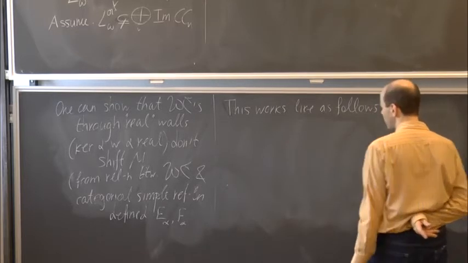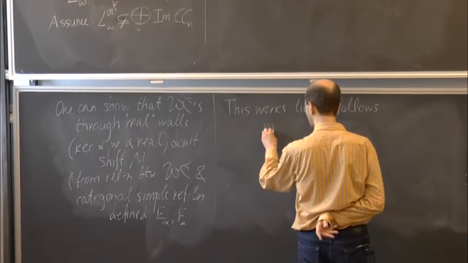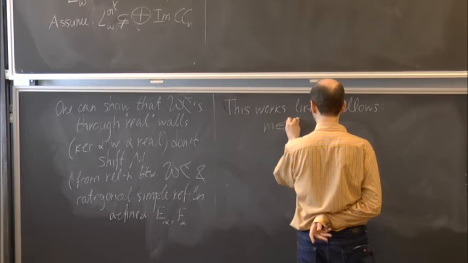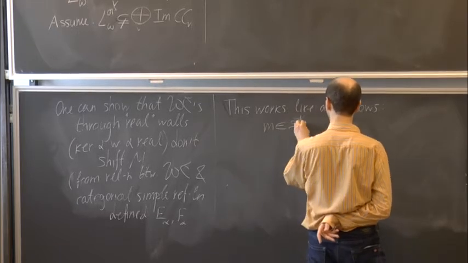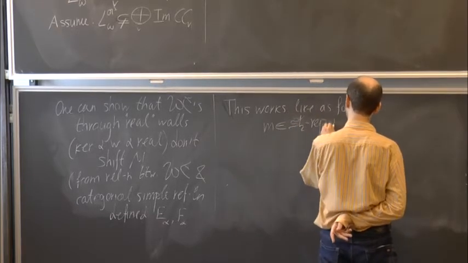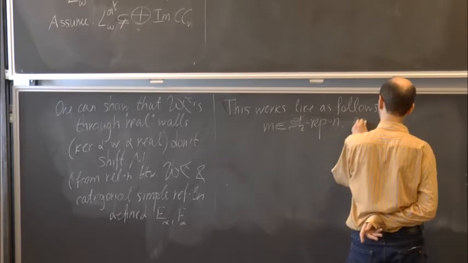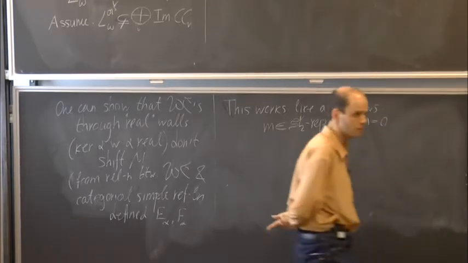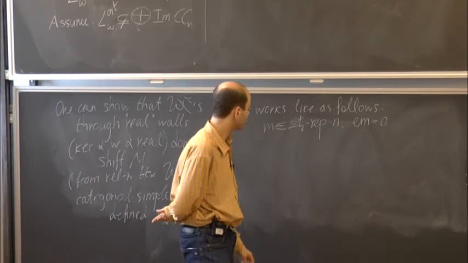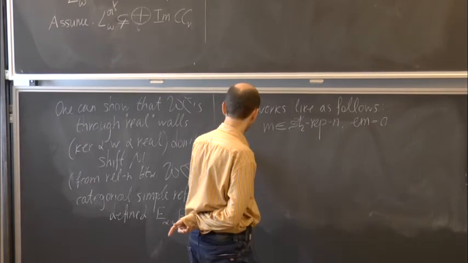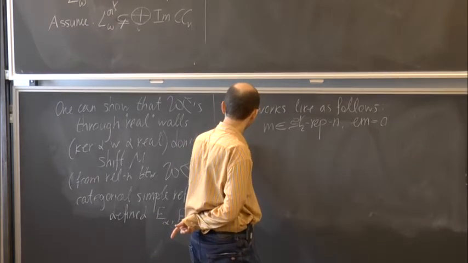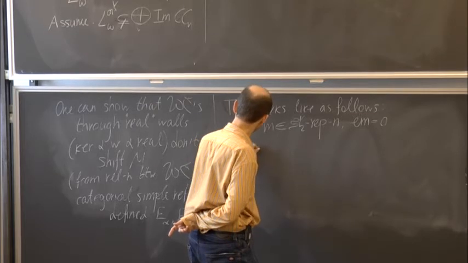So in any case, I'll suppose that you have a vector M in some SL2 representation. And suppose that E of M is equal to 0, right? Now, what is a simple reflection?